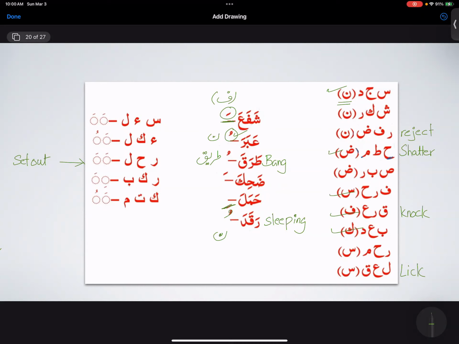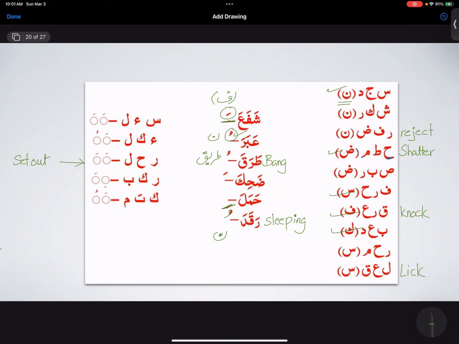You should be strong enough. Most of the commonly used verbs in the Quran, you should be memorizing them. This is how we can be strong. For example, sajada, you should know that this belongs to Bab Nasara. Sajada yasjudu, shakara yashkuru, Nasara.